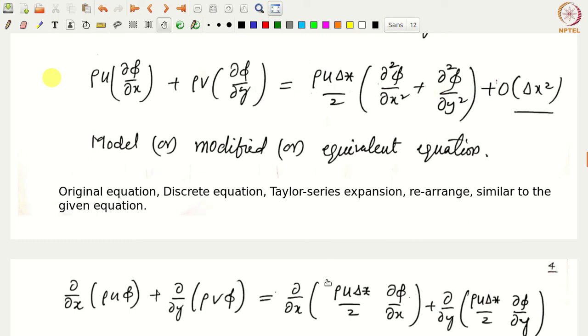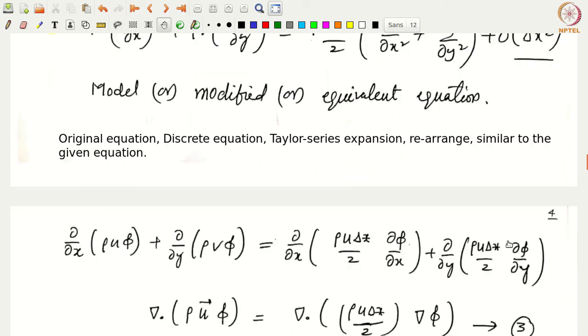I can now write this, instead of rho u delta x by 2 dou square phi by dou x square, as partial x times rho u delta x by 2 times dou phi dou x plus partial y times rho u delta x by 2 times partial phi by partial y plus, of course, order delta x square terms here.